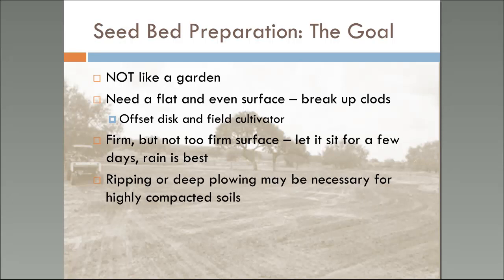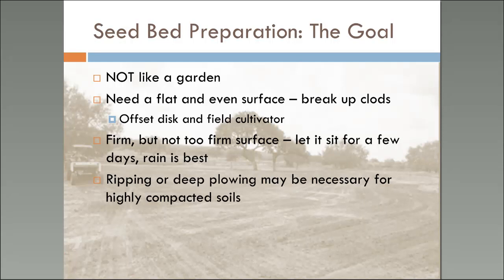A lot of times people use an offset disc followed by a field cultivator just to get that area disked up and then flattened out a little bit more. You want the surface to be firm, but not too firm. You don't want it hard and compacted, so you're not going to run over it with heavy equipment, but you might just let it sit for a few days, or they say it's best if you get some rain so that soil is able to compact naturally on its own.